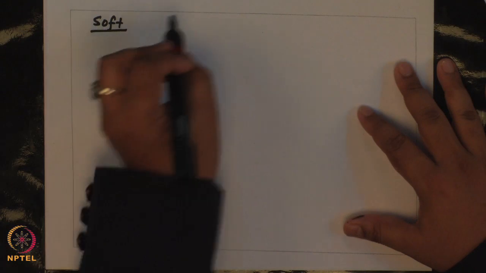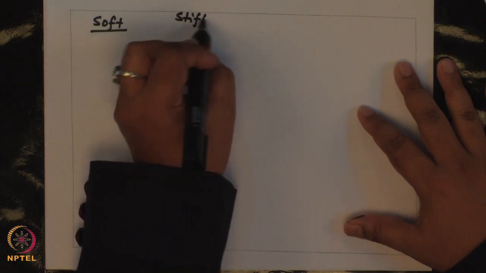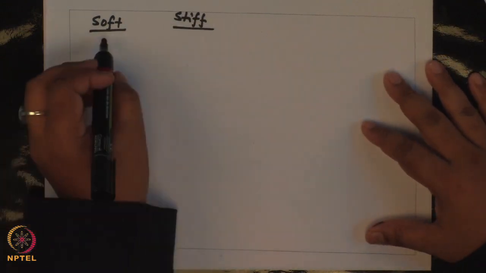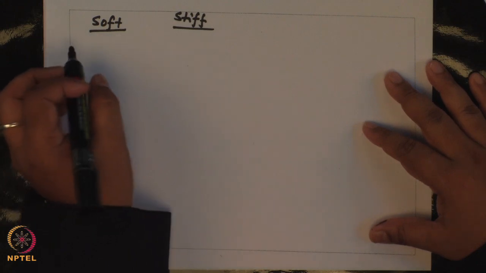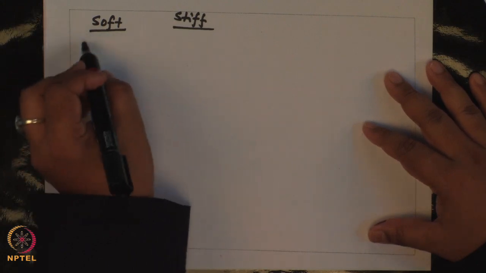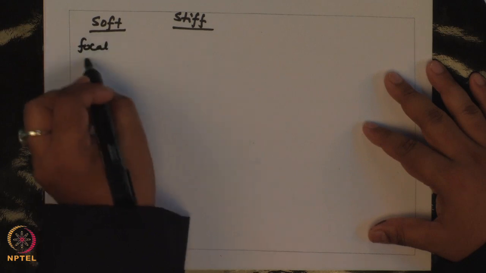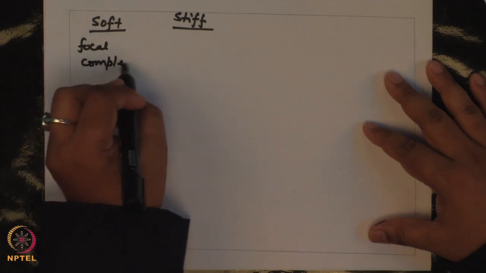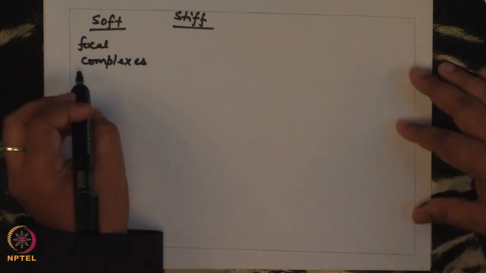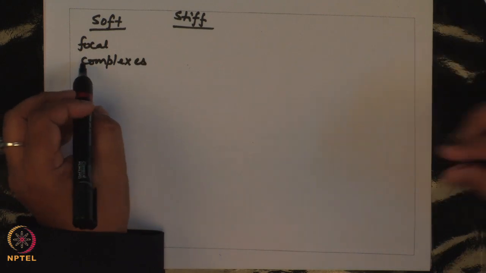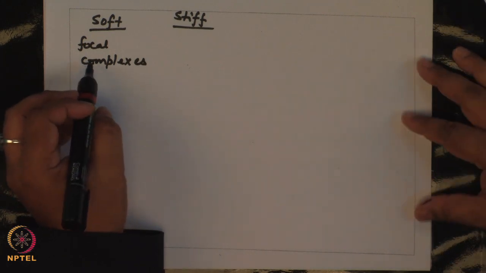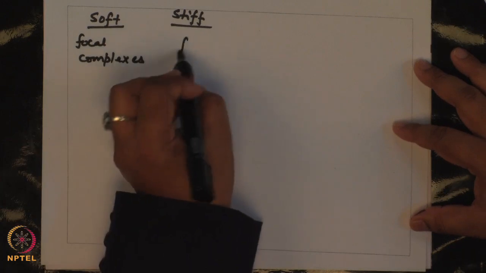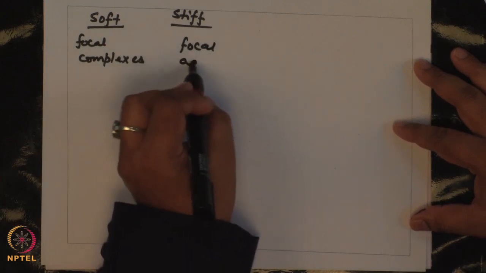So, in comparison of soft and stiff surfaces, on soft surfaces the mammary epithelial cells formed focal complexes. If you recall from earlier discussions, focal complexes were small dot-like structures, while on stiff surfaces they formed focal adhesions.